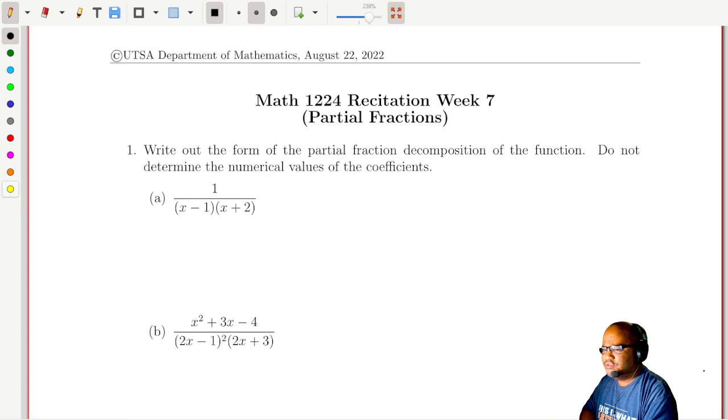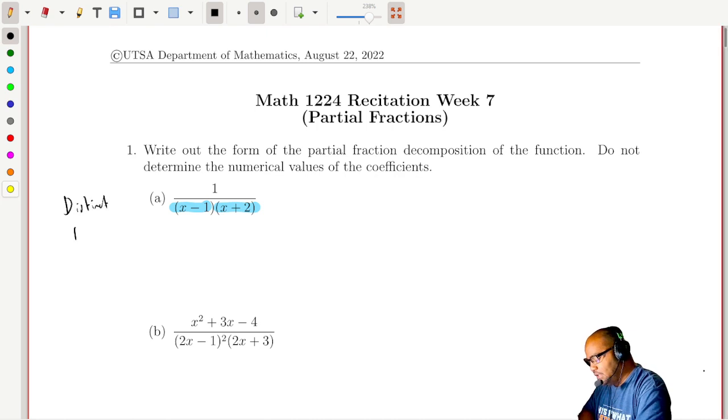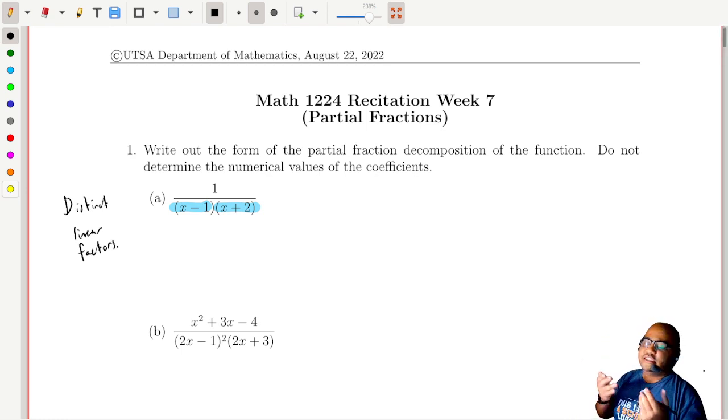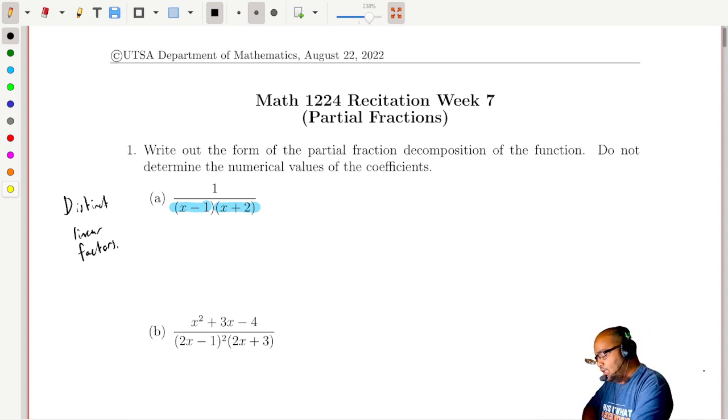Well, I can easily do that, right? So the idea here is that if we take a look here, I have two linear factors. These are distinct. Okay, these are distinct linear factors. Okay, let's write that here. Distinct linear factors. So when I have distinct linear factors, basically I go ahead on the right here.